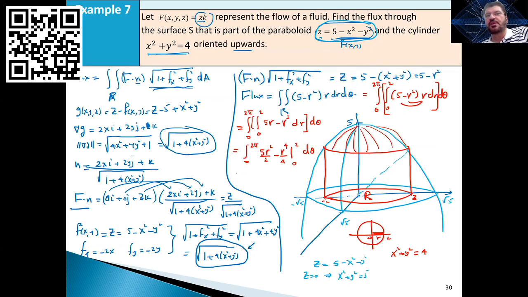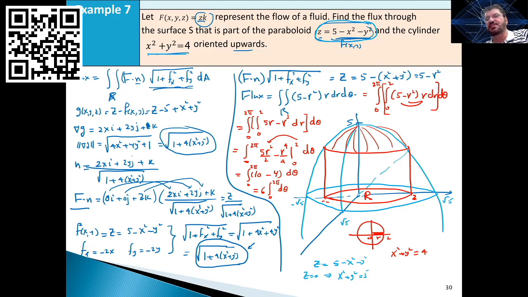Put the 2, guys, what do you get? The integration from 0 to 2 pi. If I replace this with 2, we get 4. 4 over 2 is 2. 2 times 5 is 10, minus. If I put the 2 here, 2 to the 4 is 16. 16 over 4 is 4. 10 minus 4 is 6, goes out, and now you have the integration from 0 to 2 pi of d theta.